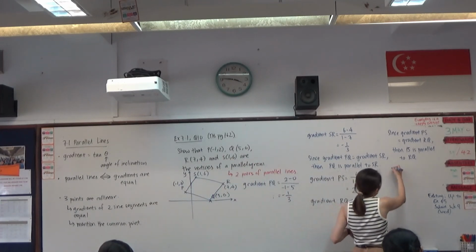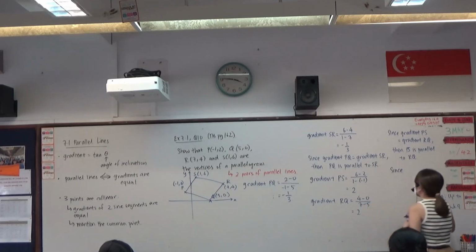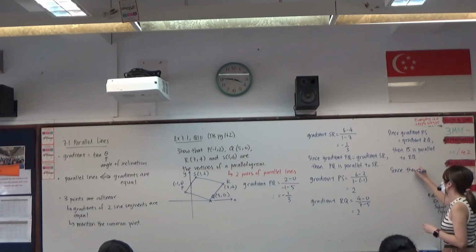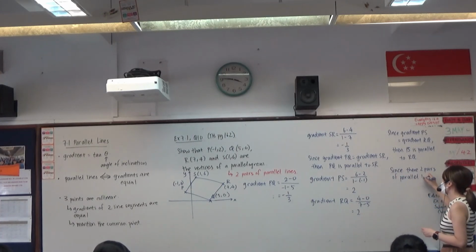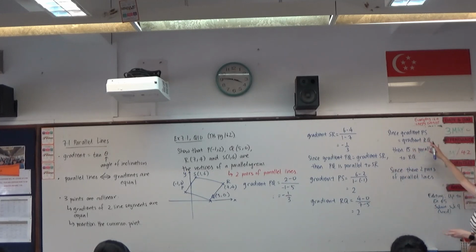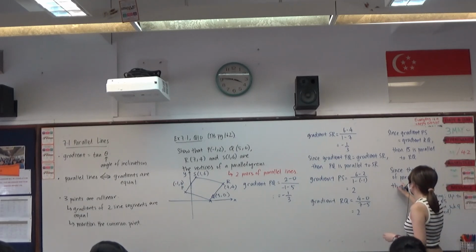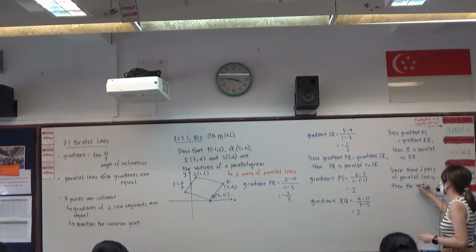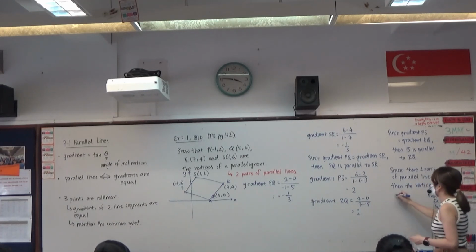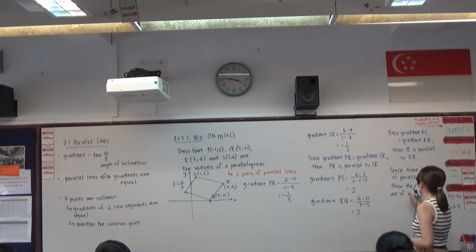So you need a final conclusion stating that since there are two pairs of parallel lines, which is what you were going for, you need to interpret what your calculations are for. Then we draw our conclusion, and the vertices are of a parallelogram.